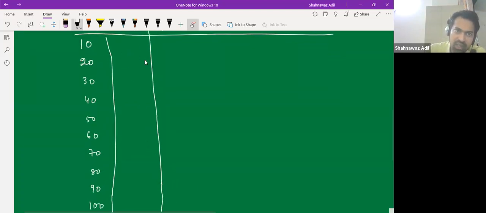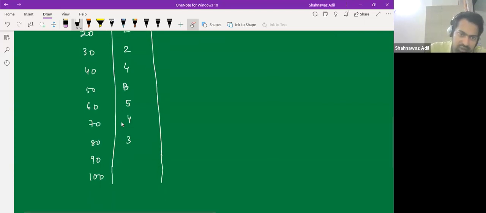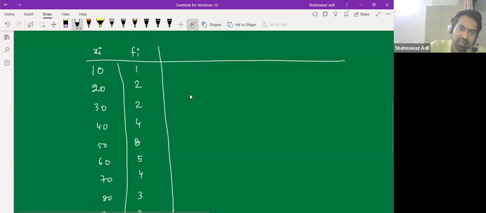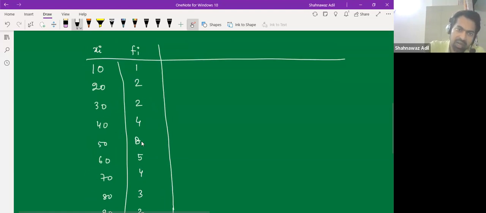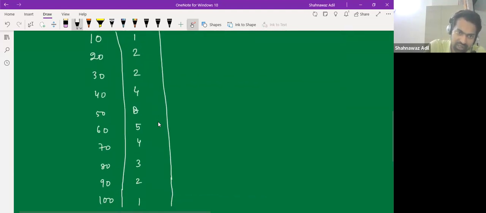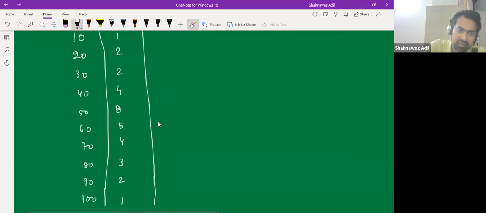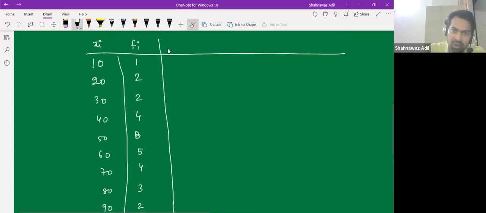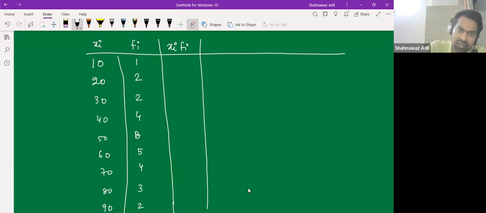So let's say the frequencies are 1, 2, 4, 8, 5, 4, 3, 2 and 1. These are the marks obtained by students in your class. This is very big data, and if you want to calculate xi fi, you will have a very big calculation.